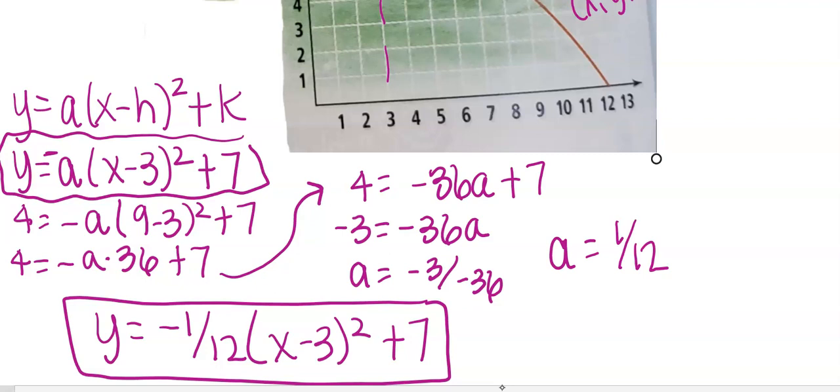For you guys, I think it would be easier just to plug the number in and let it do its thing. If you didn't have your negative up there, you would have had a positive on one side and a negative on the other, and it would have stayed negative. You wouldn't have had to decide, but you should be able to look and say, this opens down, I know it has to be a negative, I'm going to put it in there. So it kind of works either way, and that's what they're looking for.